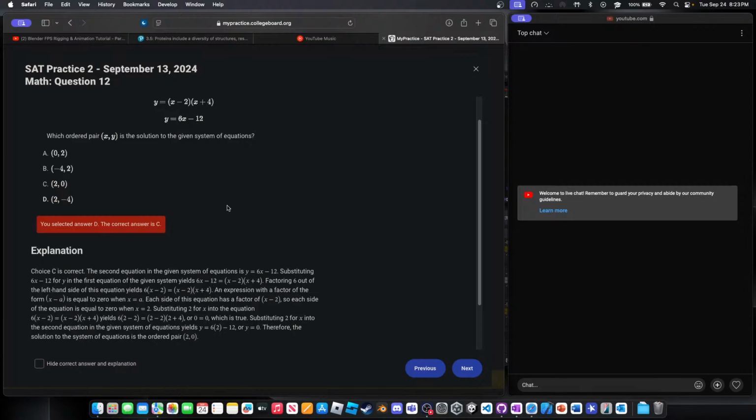Right? Let me see, guys. So 0 is equal to 0 times 6. So 0 is equal to 0. That just proves that 2 is an answer.